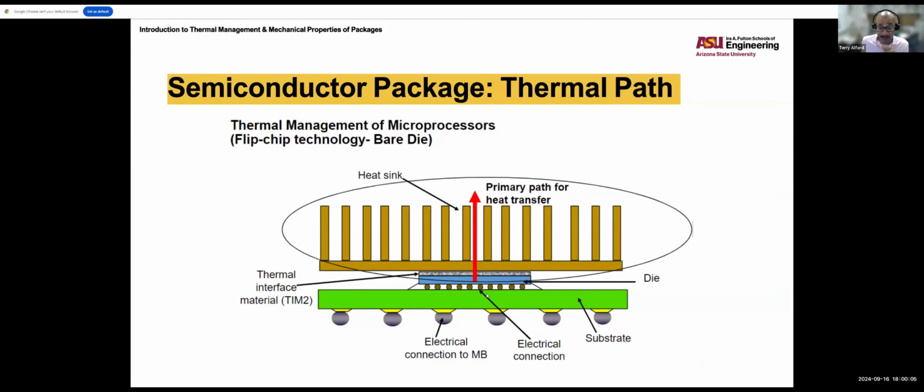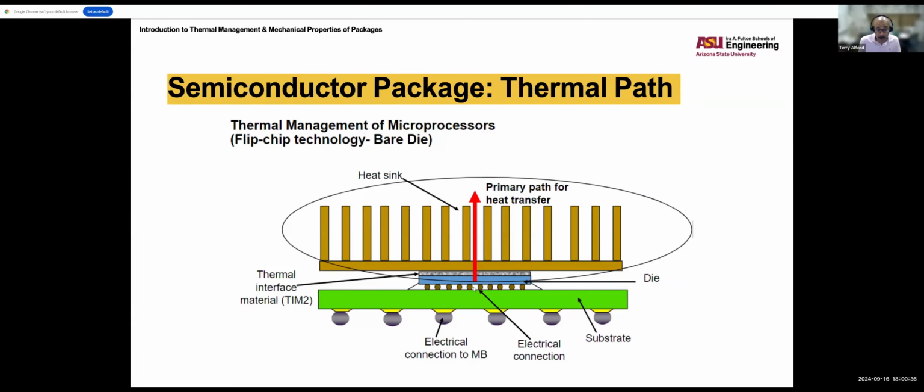So like in this example, we have our die here in blue, then we have some thermal interface material here, and then we have our heat sink, okay? And what we're going to do is design it such that up here is where we have our heat sink, this is the direction we want the heat to go, right?